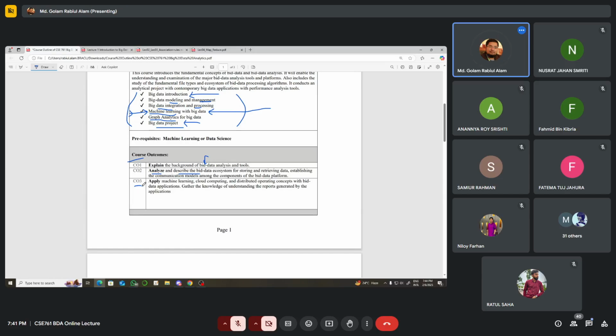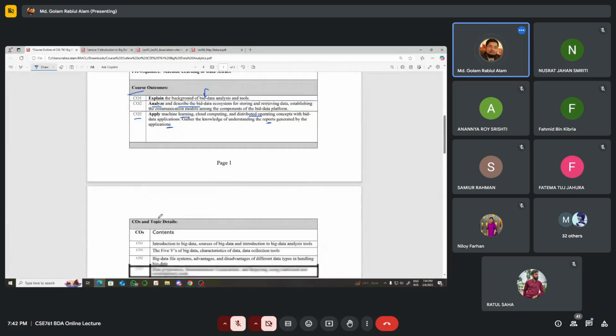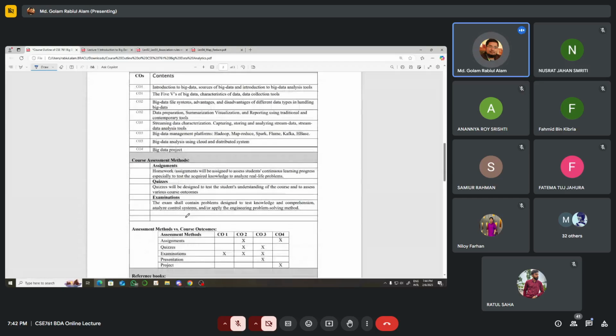In course outcome 3, we will apply machine learning, cloud computing, and distributed computing in big data applications, so you will gather knowledge and understanding of reports generated by those applications. And we also have the contents for CO1, CO2, CO3 and CO4.